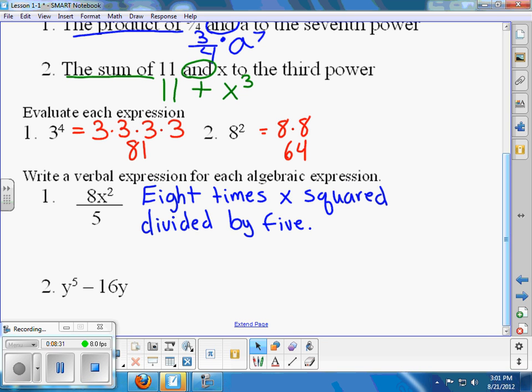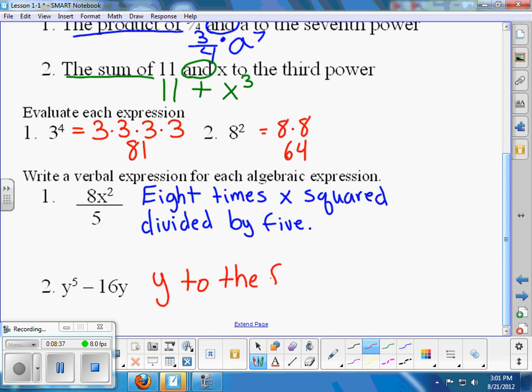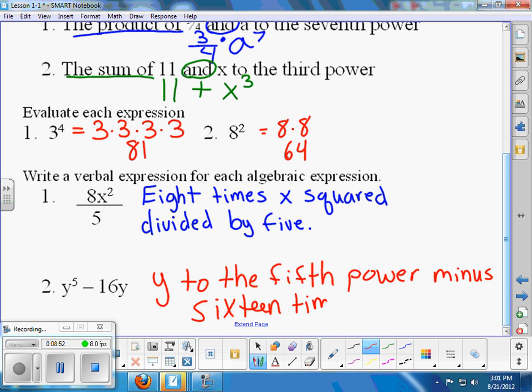And the last example, y to the 5th power minus 16 times y.